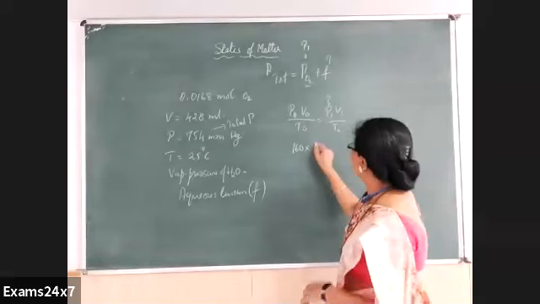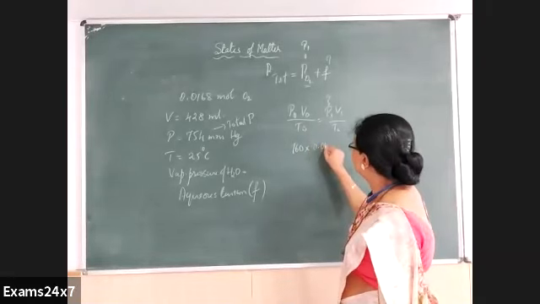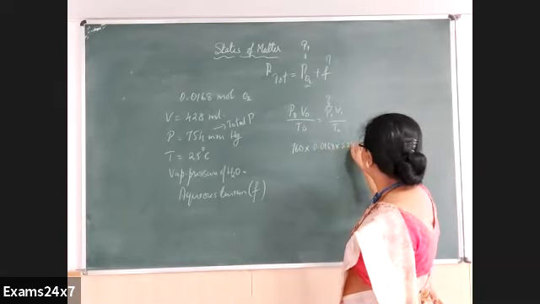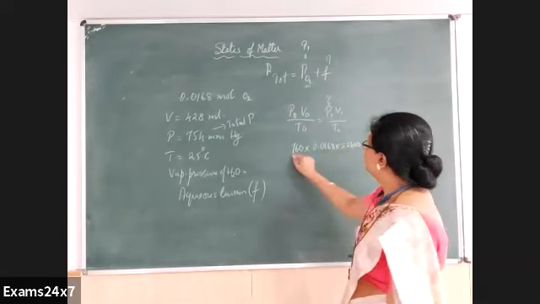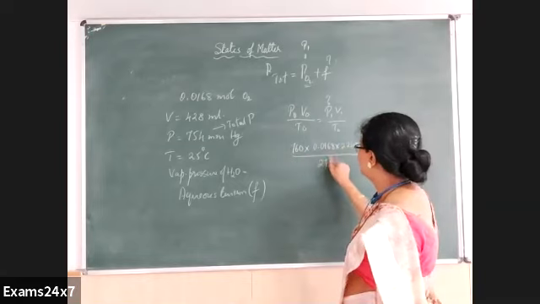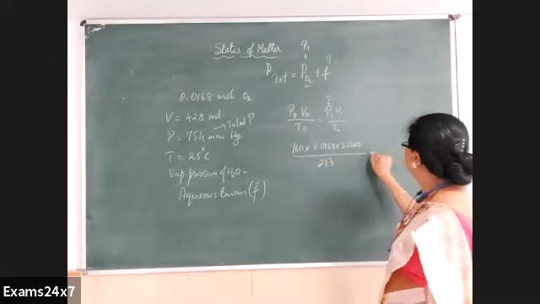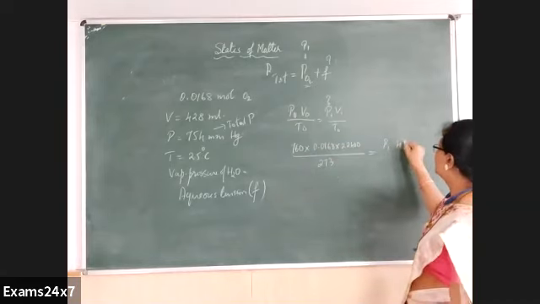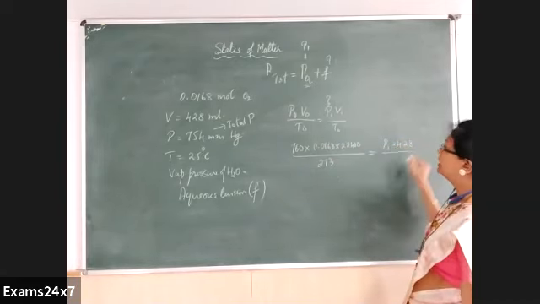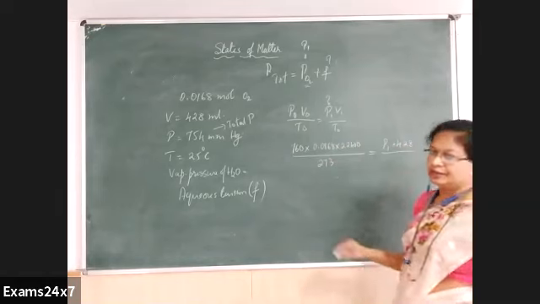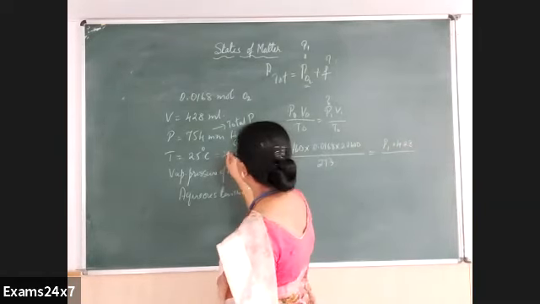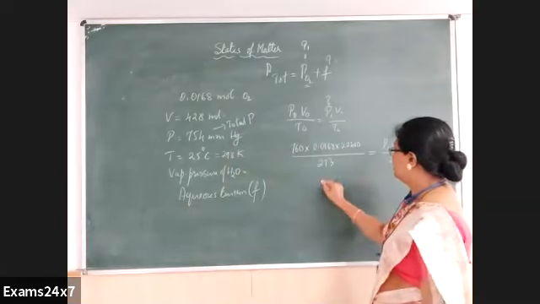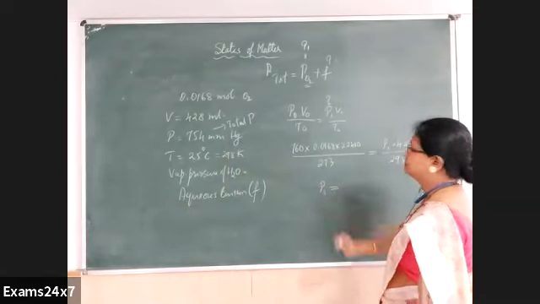So 0.0168 into 22,400 divided by T0, 273, equal to P1 into V1. How much is V1? 428 divided by T1, 25 degrees Celsius, this is 298 Kelvin. From here, you have to solve for P1.